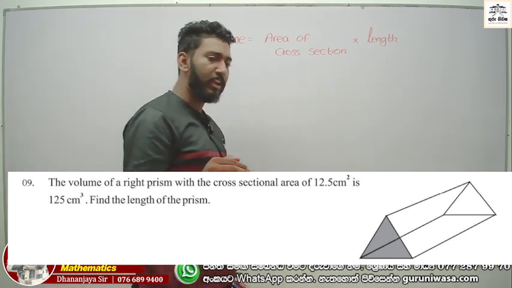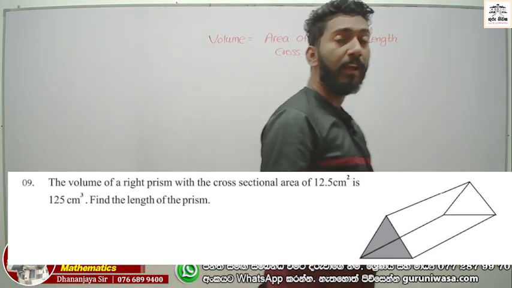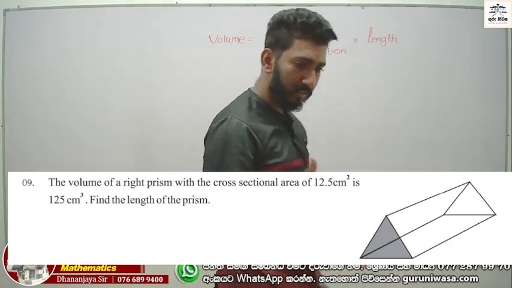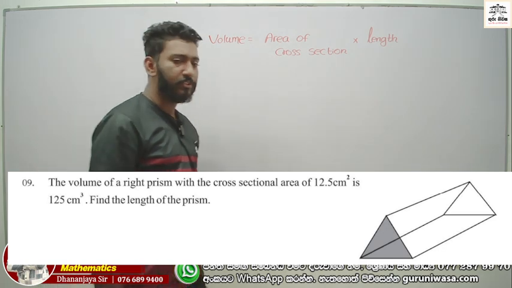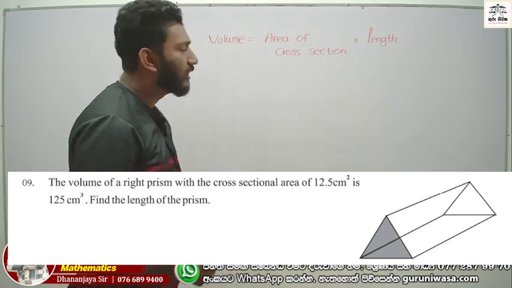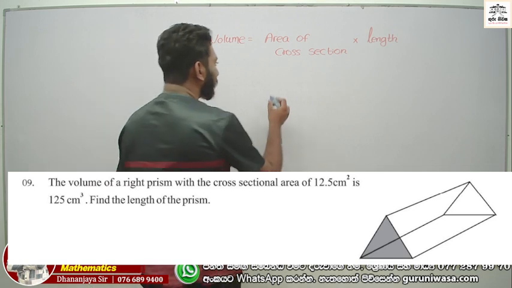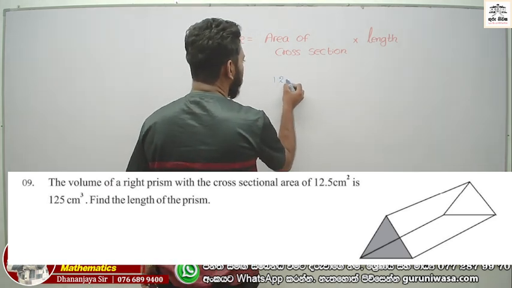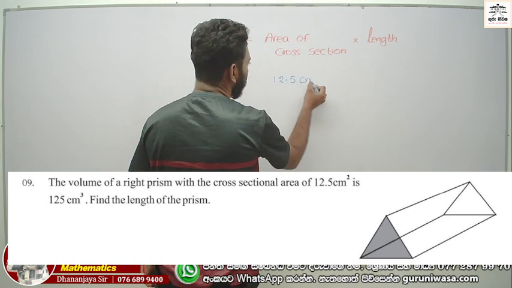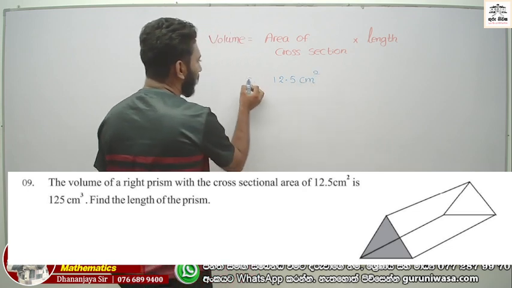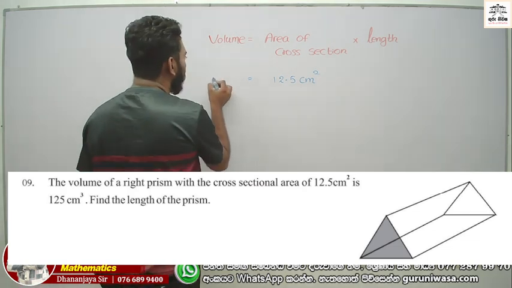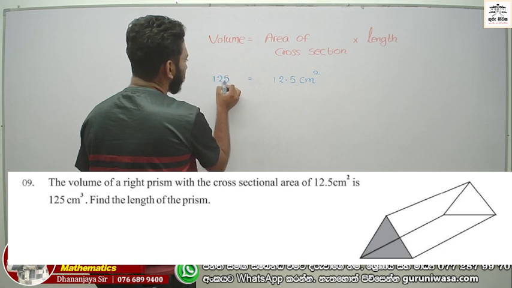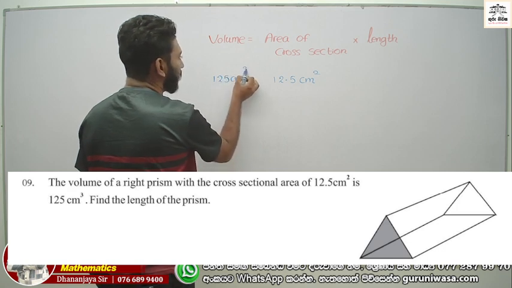Right? In this case, the volume of the right triangular prism, it's a triangular prism, right? With the cross-sectional area 12.5 cm squared. That's the area, right? It is 125 cubic centimeters, and this is the volume.